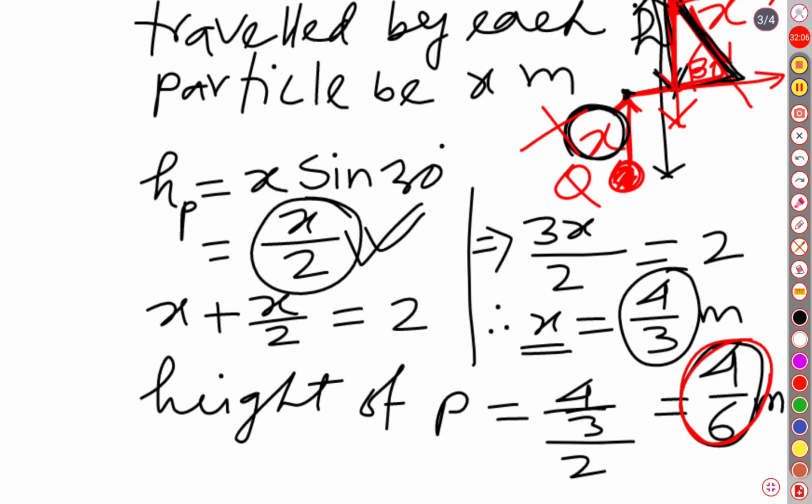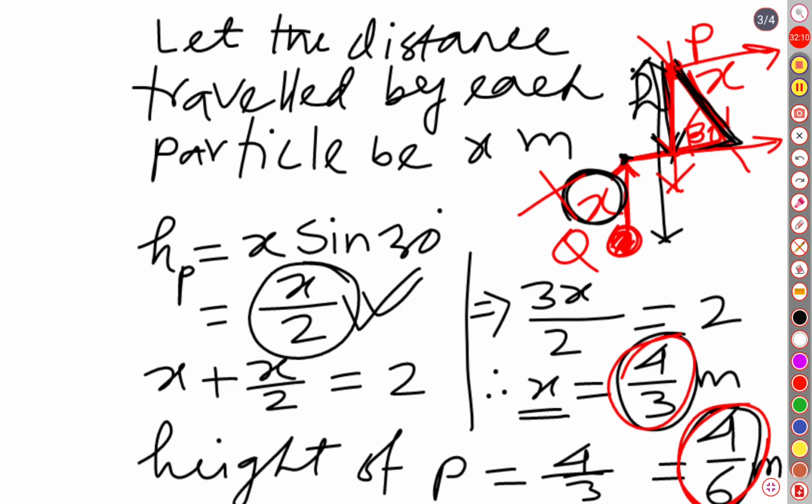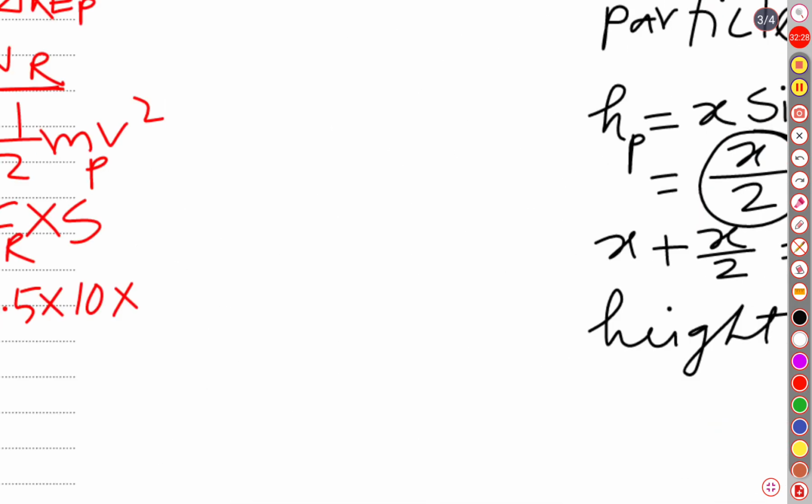It is 4 over 3 for Q, because Q was just going upward. This is the distance for Q, and it is not negative at all, because the reference line is here. Look, this is the reference line, and it has gone upward, so the final position is higher. That's why height will be positive in case of Q.